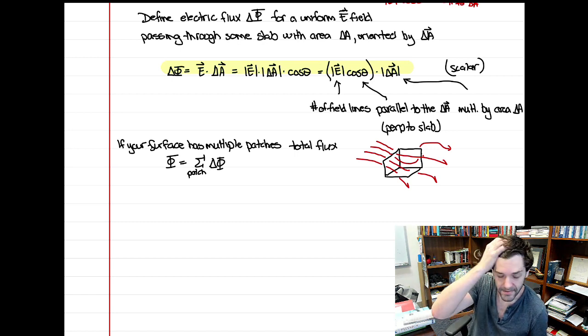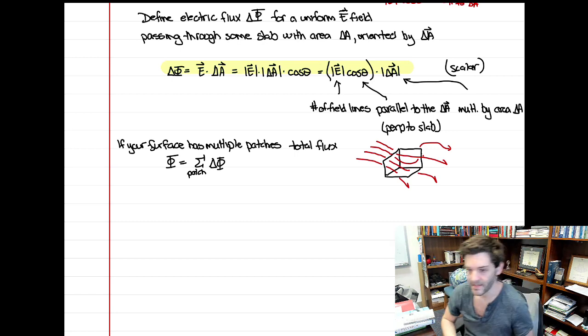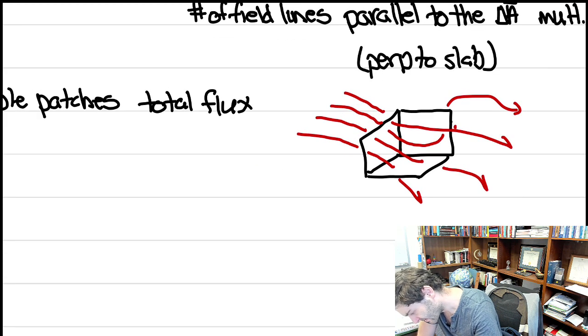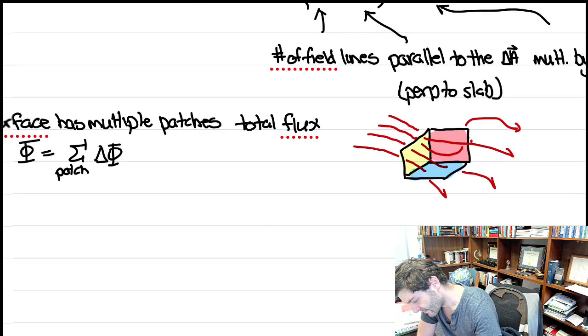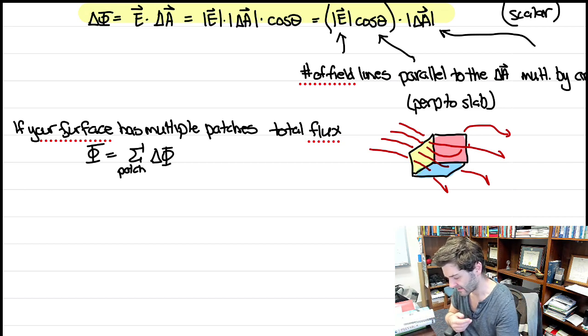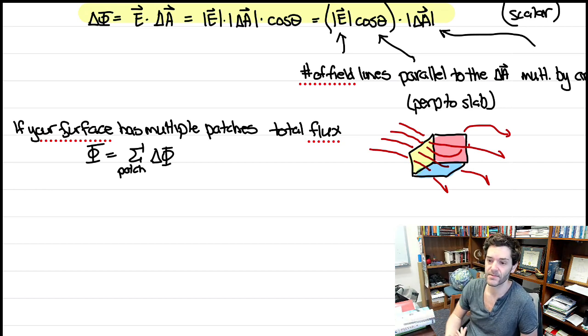So in that case, there are some field lines that are piercing each of the surfaces. I can even highlight them specifically. There's this surface, which you might talk about the flux through that surface, then the flux through that surface, and the flux through that surface. And then I could add them all up and define that as my total flux.